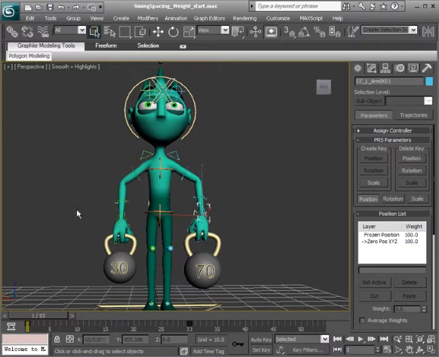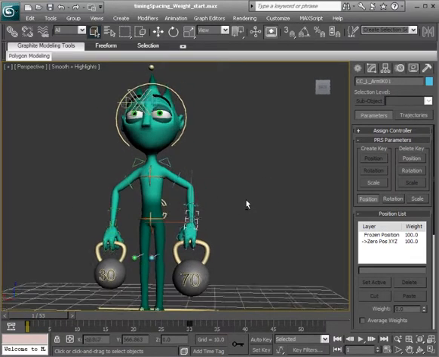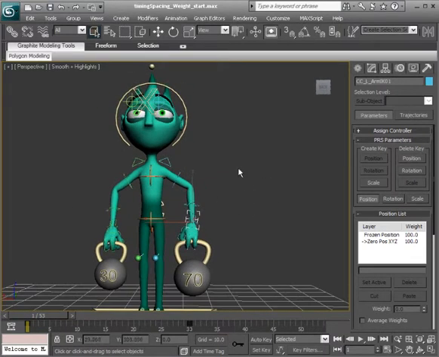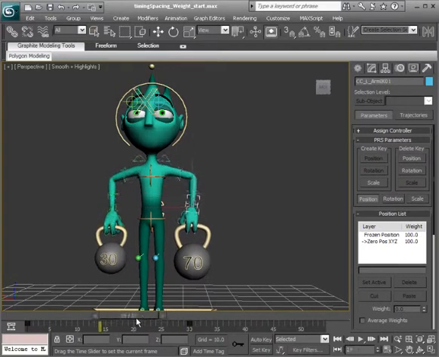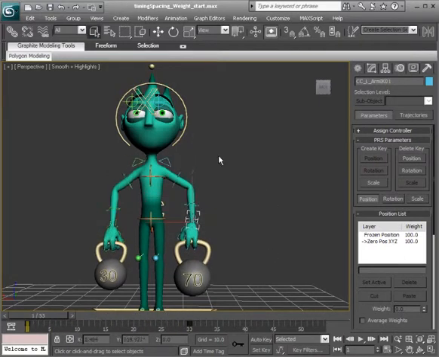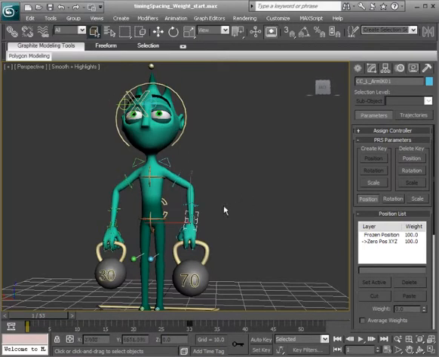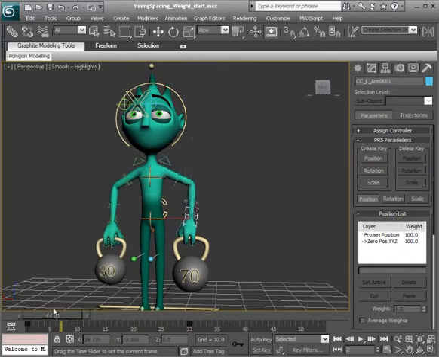So timing and spacing, it's really very critical that we get it down. We can have amazing poses, but if we don't have that backed by good timing and spacing, the animation's going to collapse. So let's make sure that we really understand this, and it takes a good understanding of life and, again, getting that rhythm down of each motion that you're about to animate.